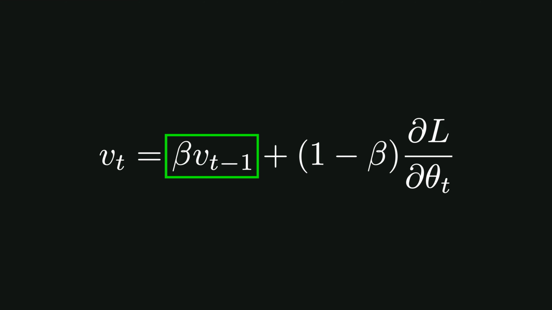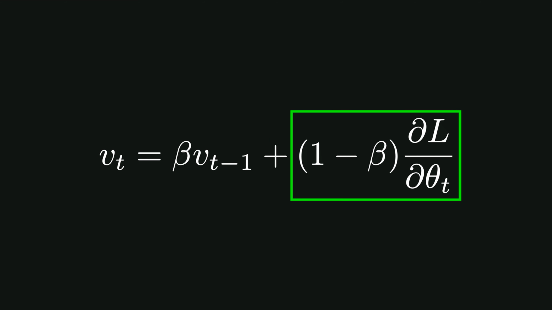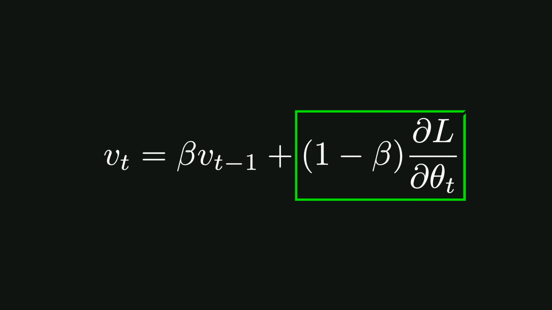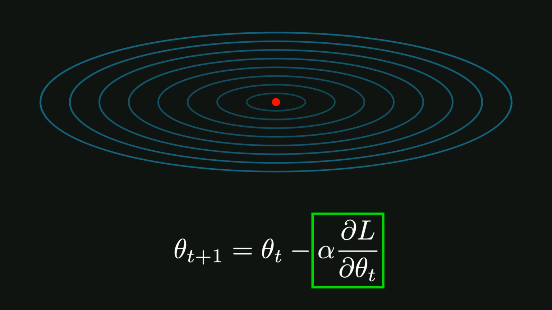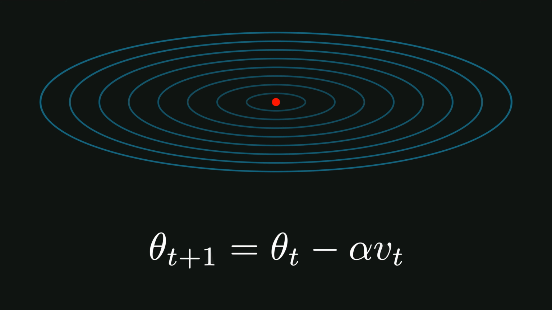Beta controls how much of the previous average we keep. Keeping it high means the algorithm considers more past values in the average, while keeping it lower focuses more on just the most recent gradients. And 1 minus beta scales the current gradient. Next task is to substitute this Vt in place of the raw gradient in that original update equation.